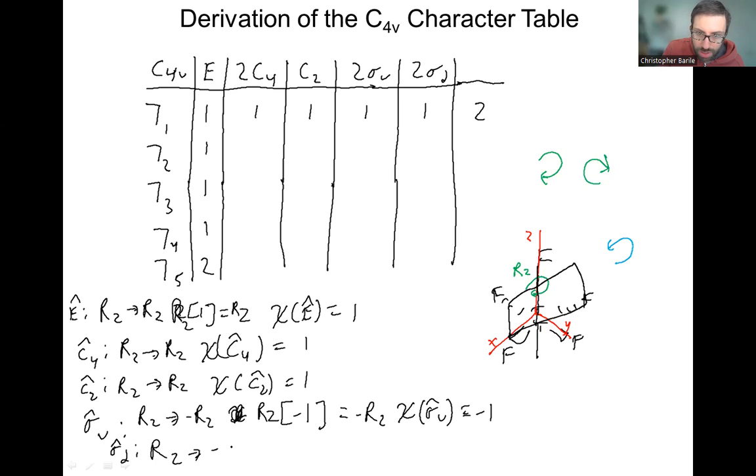And so when that happens, the rotation vector is switching directions, so we get a negative. And so again, we're going to have the same sort of setup. The character is going to be negative.